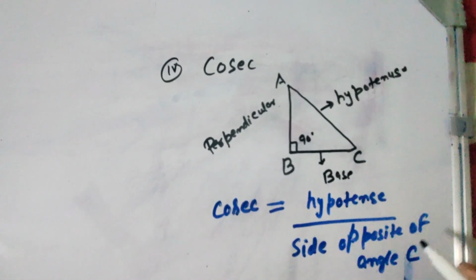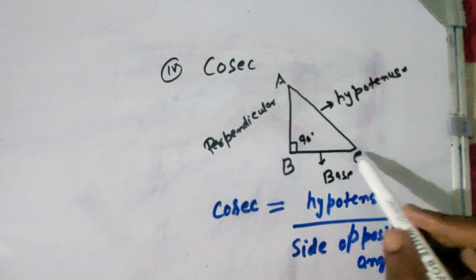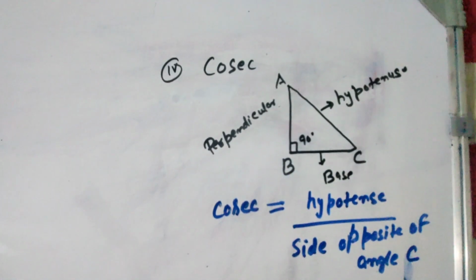And the side opposite angle C is what? AB. So the formula is hypotenuse by perpendicular. Just the reverse, meaning H by P. Short form: cosec.